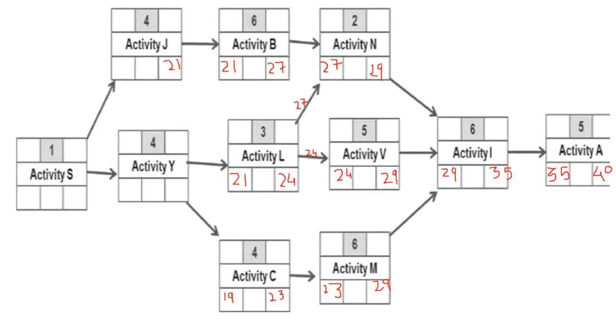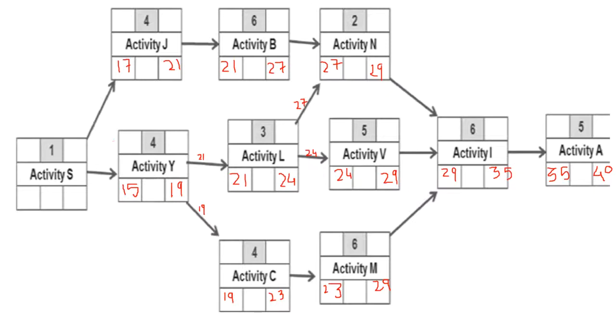Now activity Y is a merge activity where we would be getting 21 if we approach it from this arrow, and 19 approaching it from this arrow. So we would be choosing the smallest of the two values, which means 19, and 19 take away 4 is 15. So the late start time for activity Y is 15, whereas activity J, it would be 17.